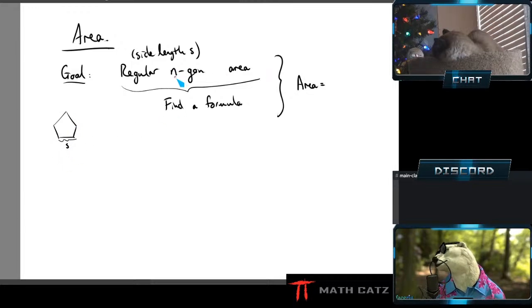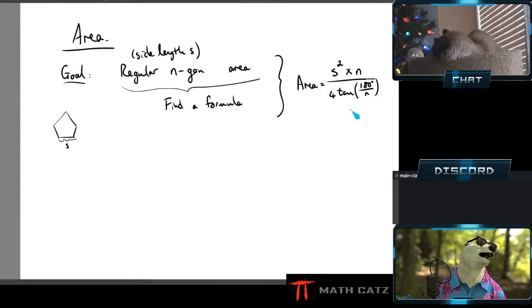So N counts the number of sides. S is the side length specifically. Then the formula is going to take S, square it, multiply it by N, divide by 4 times the tan of 180 degrees over N. This formula, admittedly, is a little bit less pleasant.